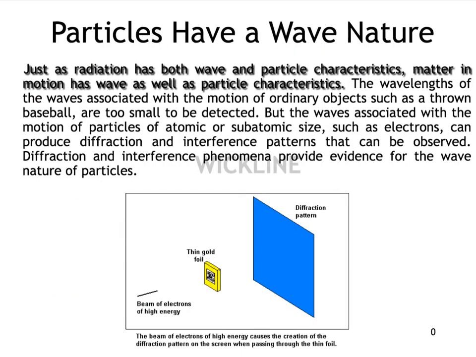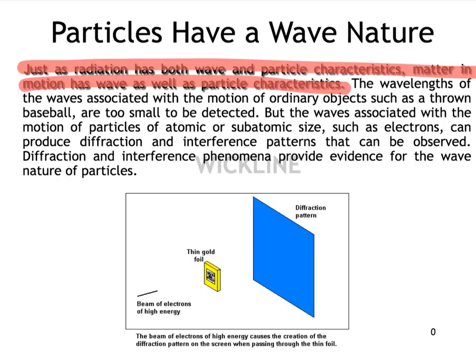So not only do waves have a wave nature and a particle nature, evidenced by, let's say, the photoelectric effect, there is the other thing, which is that particles not only are particles, but particles can also act as waves. Here's an example.